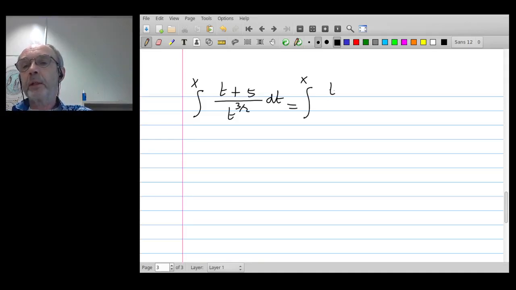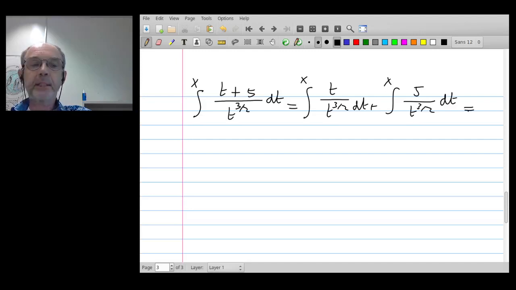You have the piece t divided by t to the power 3 over 2, and you have the piece, the integral from an unknown boundary to x of 5 divided by t to the power 3 over 2. For those separate parts, you can try to calculate your primitive function.